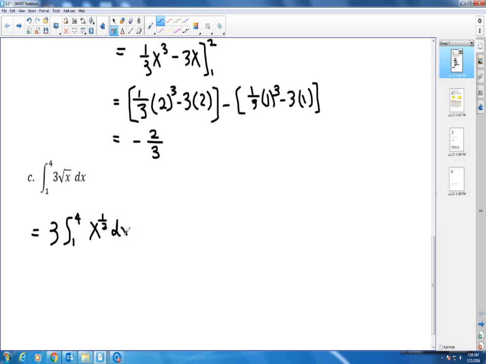So all we're doing so far is find the integral first before I substitute in, and then find the area under the curve. So this is going to be 3 times, okay, bring the half to the denominator plus 1, and x to the half plus 1, and I'm going to evaluate it from 1 to 4.